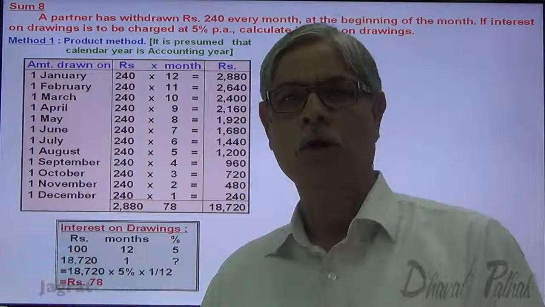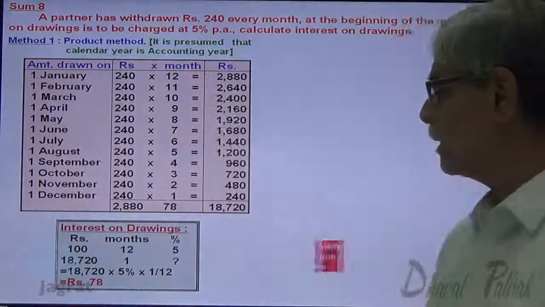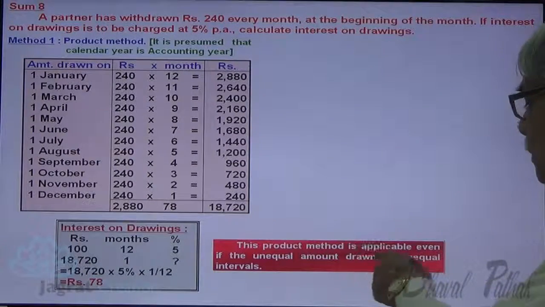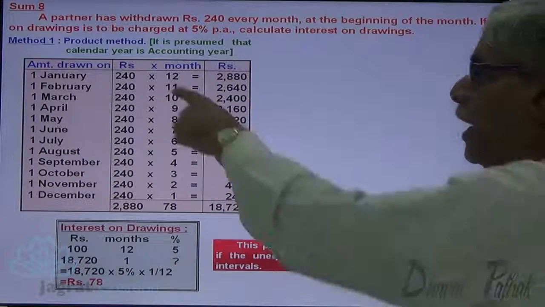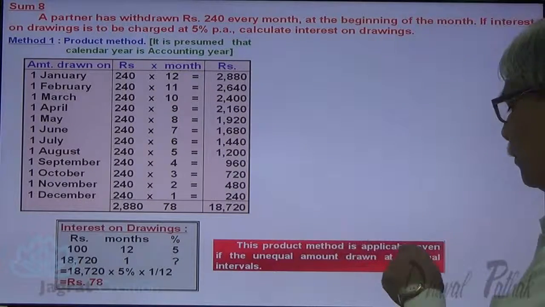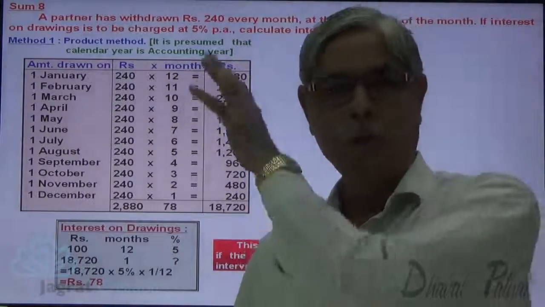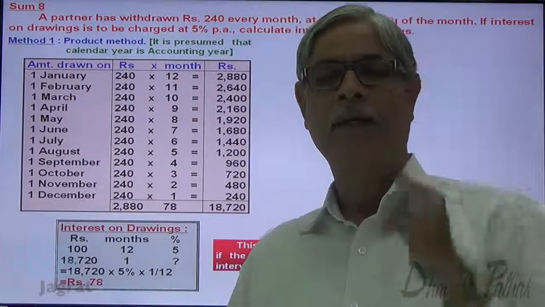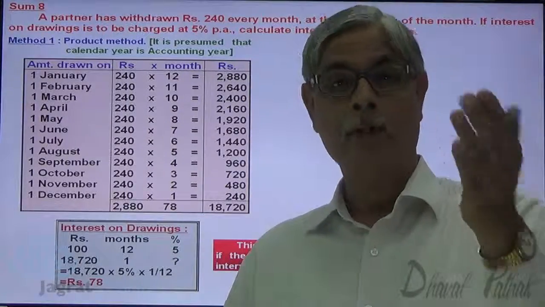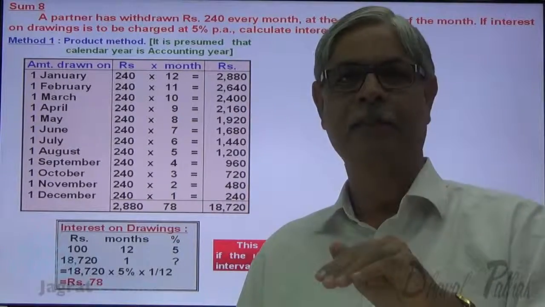Now I will give you a shortcut for that. So this method is applicable. Product method is applicable even if the unequal amount are drawn. Amount drawn is unequal, at unequal intervals. For product method, you can apply it if the amount is drawn at the beginning of first month, then the amount is drawn in the middle of third month, when the amount is drawn at the end of 6th month.